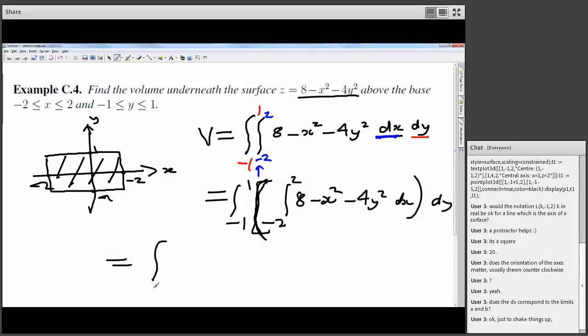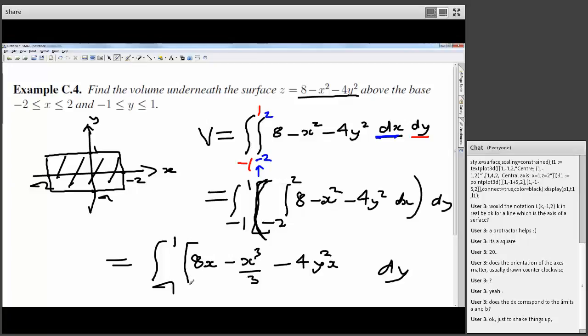So I'm leaving all the framework or the outside just there, just going to stick around for the moment. So I'm going to integrate the inside with respect to x. So integral of 8 is 8x, integral of minus x squared is minus x cubed on 3, integral of -4y squared is -4y squared x. And indeed, that was the partial integral we did a little while ago.